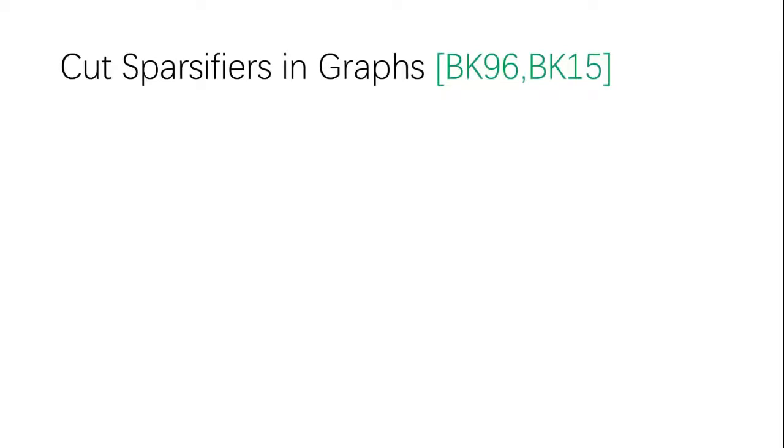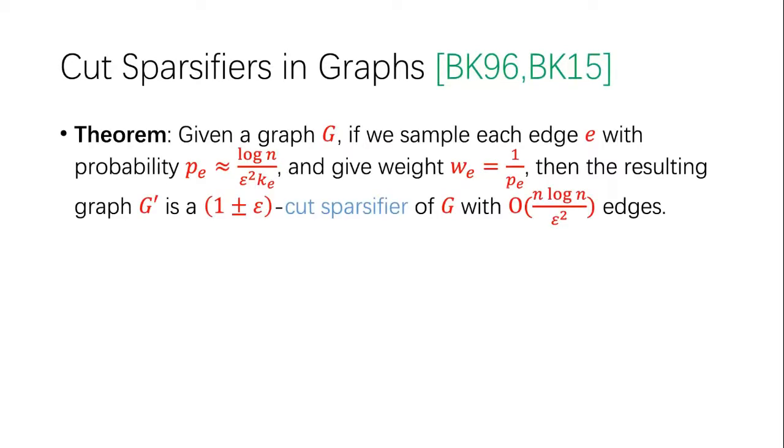Benczur-Karger proves that given a graph G, if we sample each edge e with probability about log n over epsilon squared times k_e, then the resulting graph G prime is a cut sparsifier of G with n log n over epsilon squared edges.